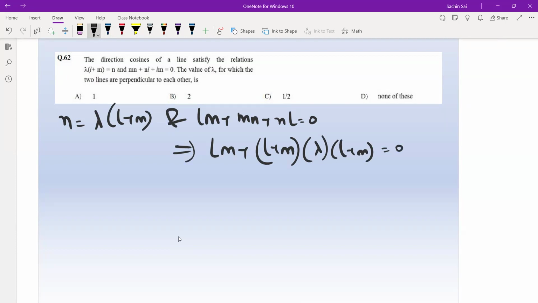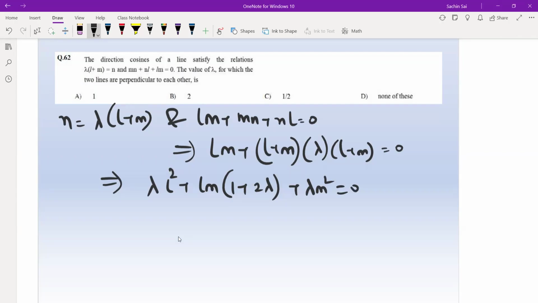If I expand this, I will get lambda times l square plus lm times (1 plus 2 lambda) plus lambda times m square equals 0.